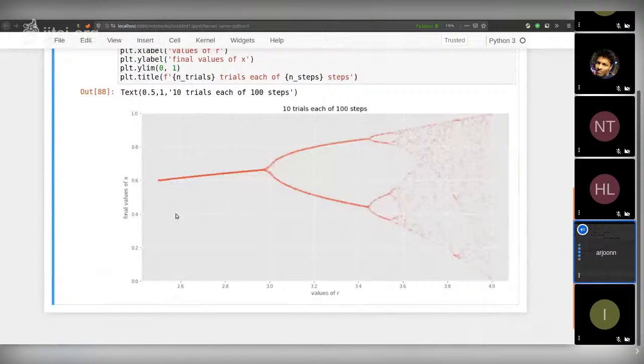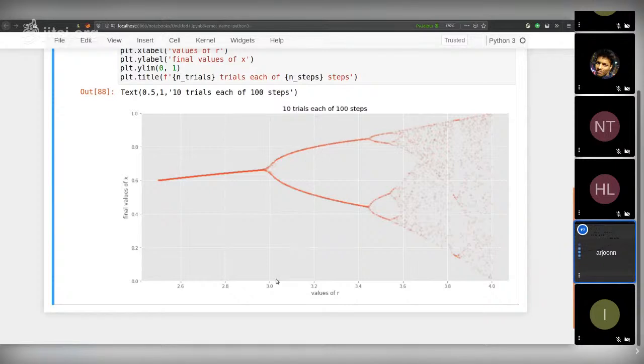See, now let's say 3.2. If you set R to 3.2, it doesn't matter what X you start from. After 100 applications of the function, you are either going to be here or here.